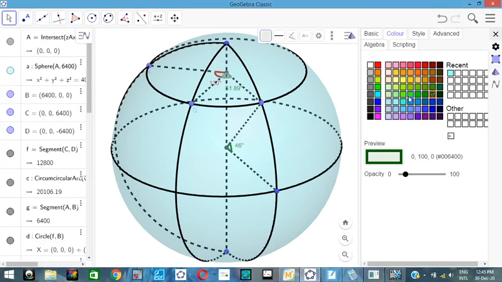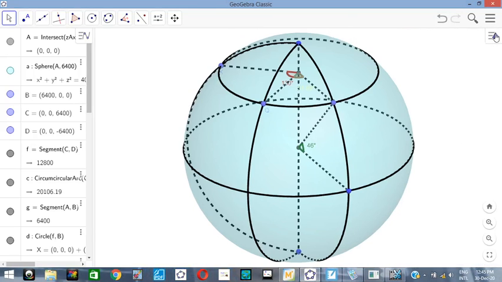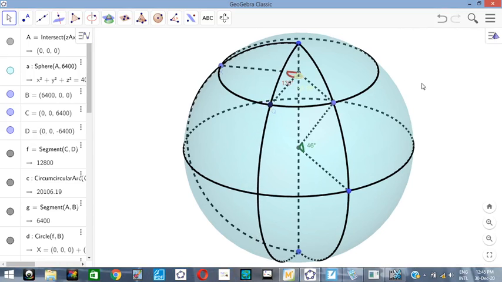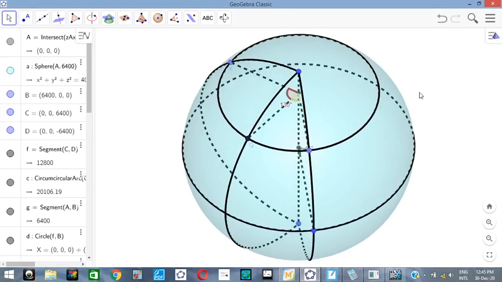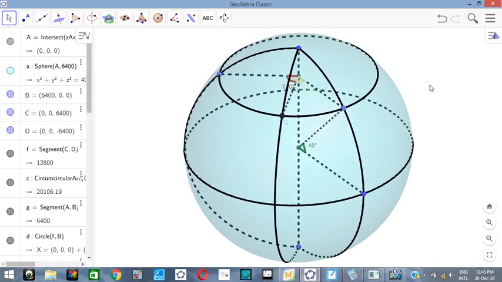Okay, let's use this yellow. Let me darken the opacity a little. I think we can see the yellow. I don't know if it's clear for us. So this is it.